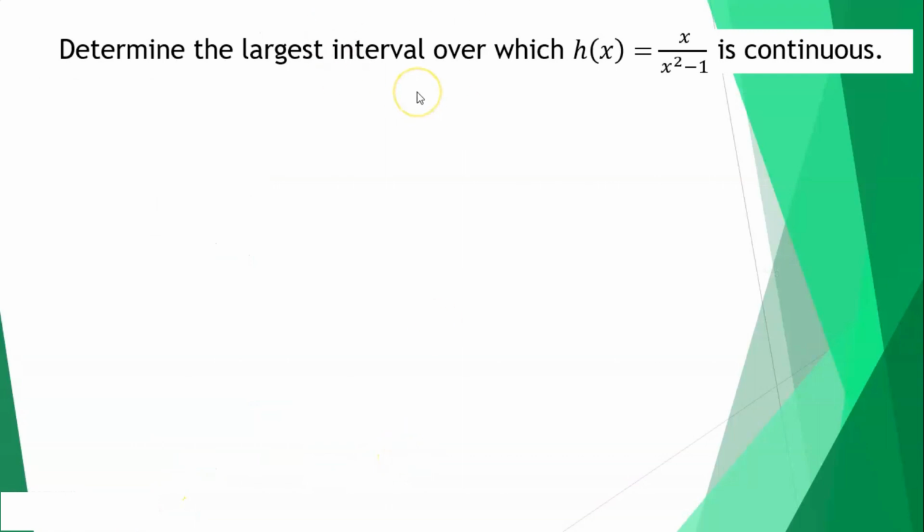Another, identify the largest interval of continuity for the function x over x squared minus 1. Now this is a rational function. Take note, for rational functions, never divide by 0. So therefore, our denominator x squared minus 1 should never be equal to 0.